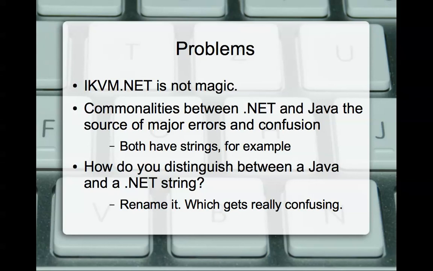For example, both .NET and Java have strings, and differentiating between using a .NET string and a Java string can be a bit difficult because the Java files end up getting renamed.